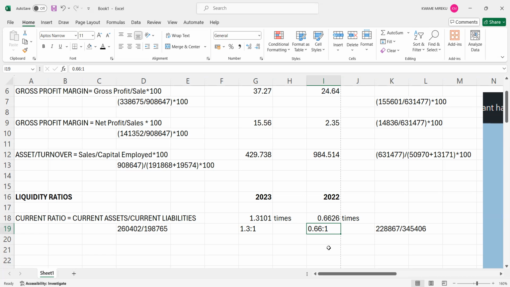But if we come back to 2023, the situation has improved, although it's still not the best. So that is the current ratio: your ability to pay your current liabilities with all your current assets. But in reality, some of the current assets are not liquid.